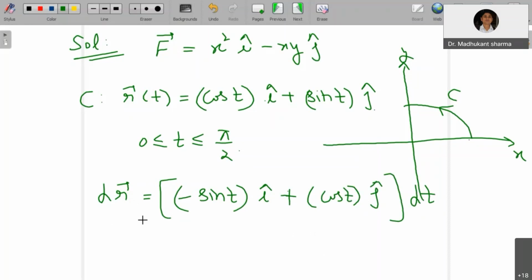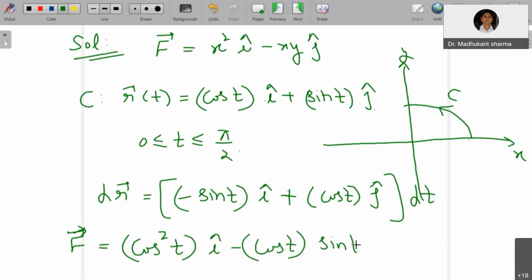Now you have F, which you can write as x squared i minus x y j. x is cos t, so it is cos squared t i minus cos t sin t j. Now you have to take the dot product of them.